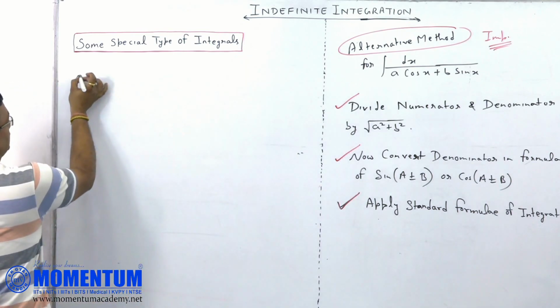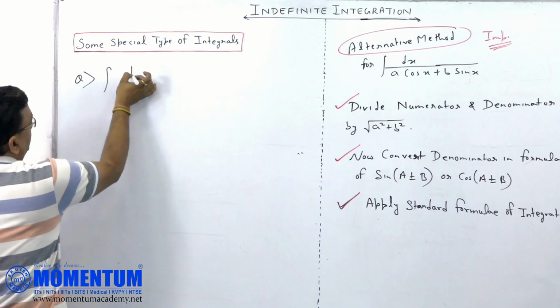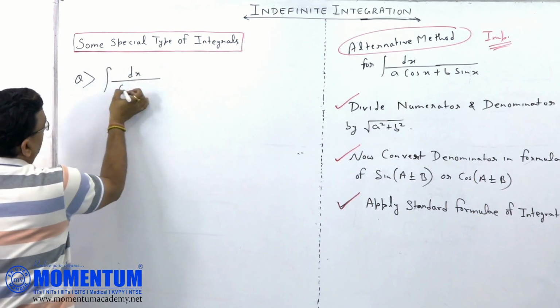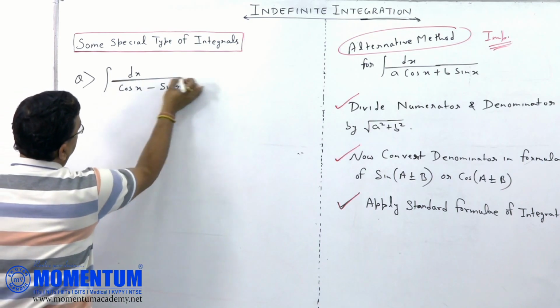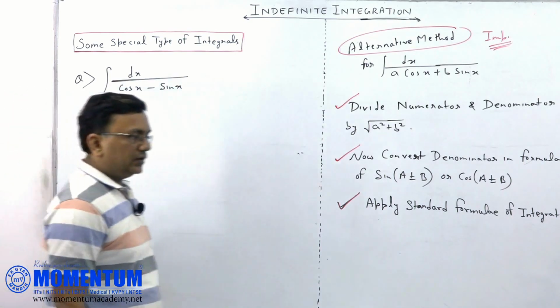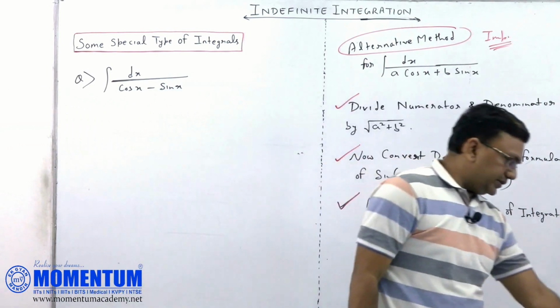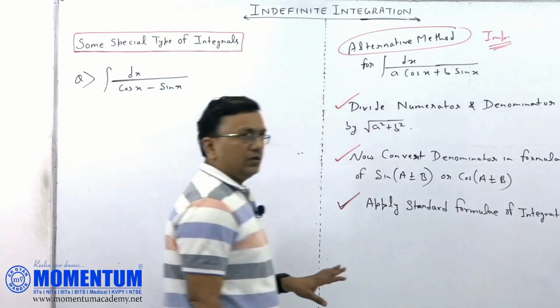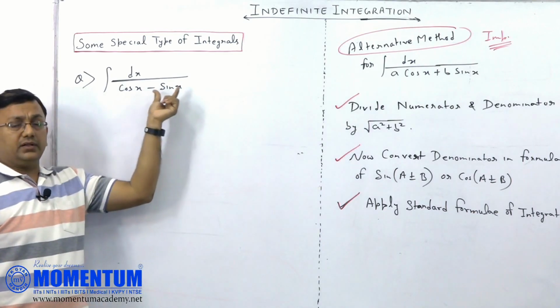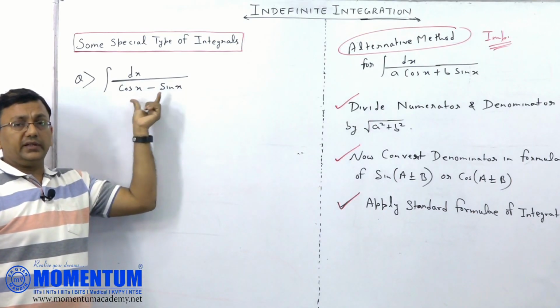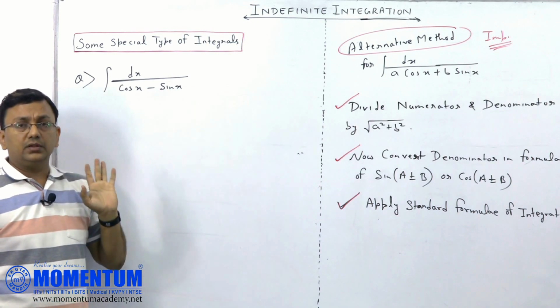So the problem is integration of 1 upon cos x minus sin x. No doubt we can do this problem by opening the formula of sine and cos in terms of tan x by 2.